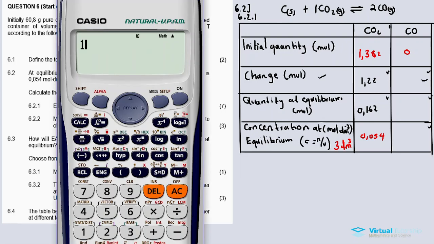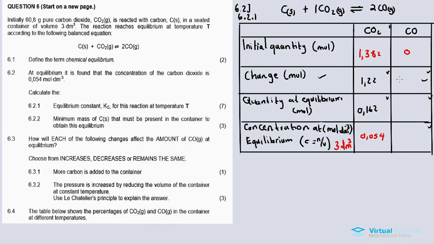So 1.22 times 2, you total 2.44. Now look, initially the quantity was 0. The change now is 2.44.